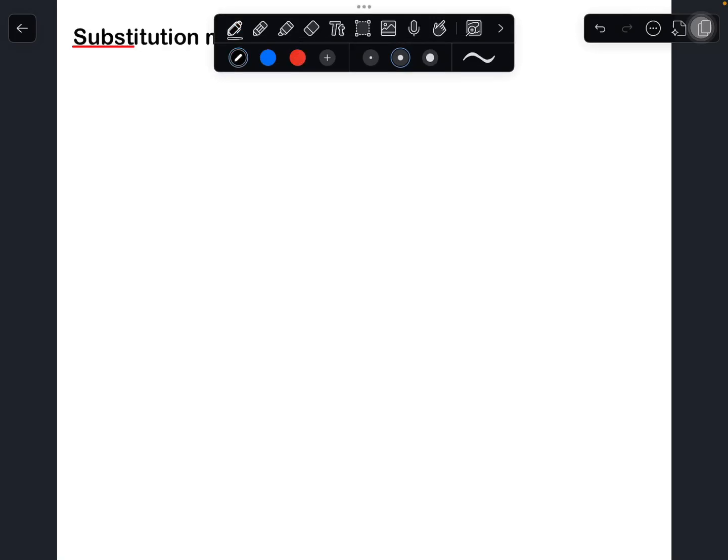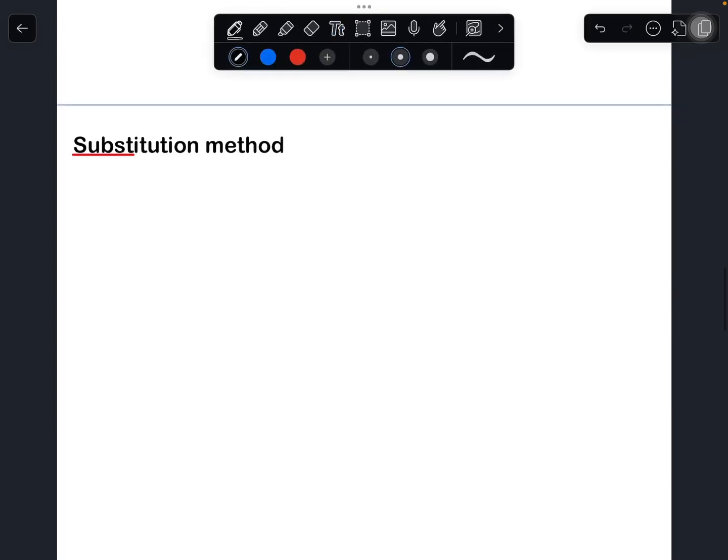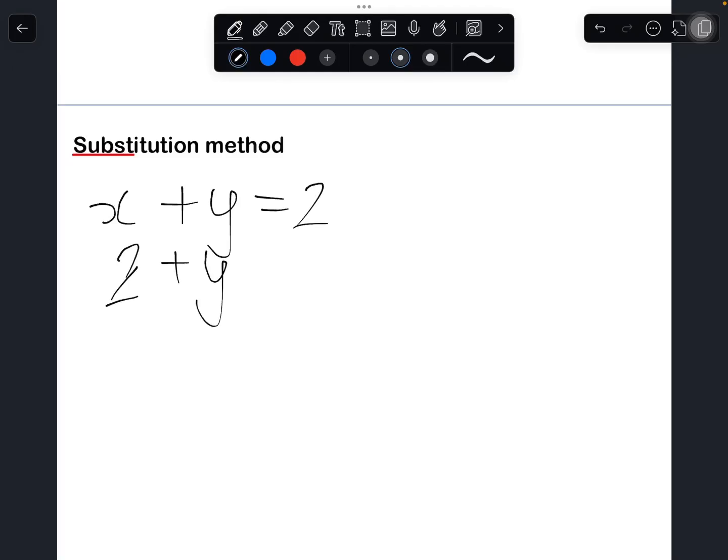Let's use an example. Let's say we had x plus y equals 2, and then 2x plus y equals 10.